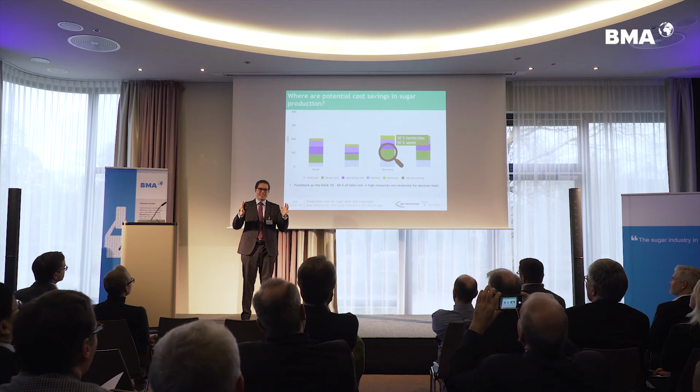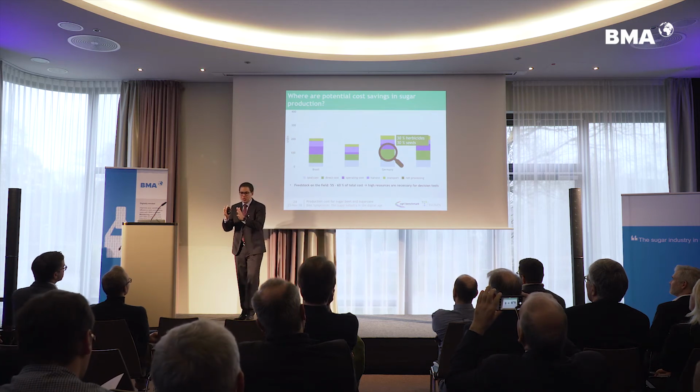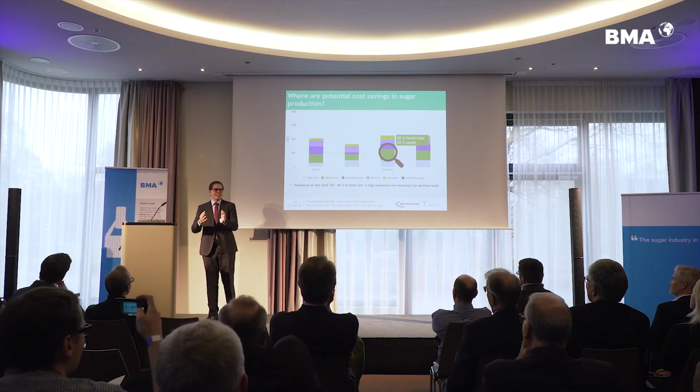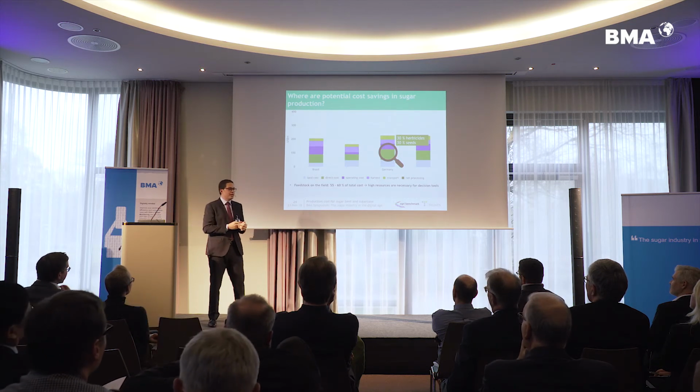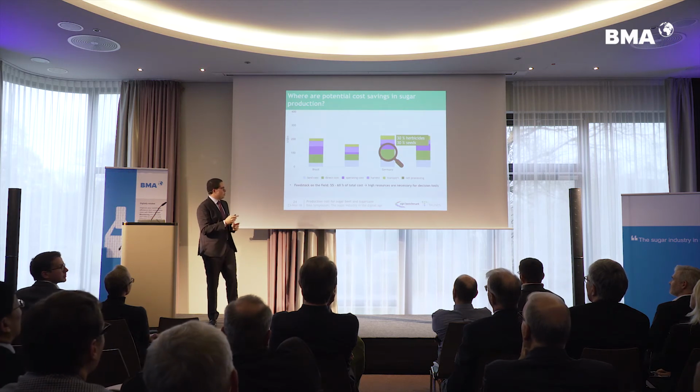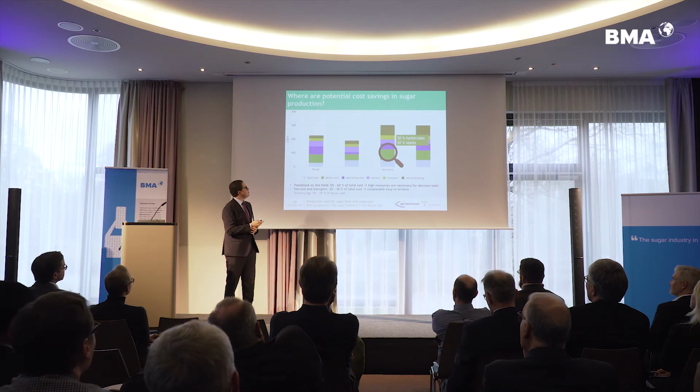So we need to pay attention that even though the industry might be running fast enough towards digitalization, we need to look at the farm as well, because those two depend on each other very strongly, which is not the case for grains, for instance.